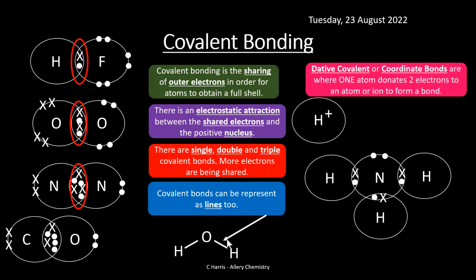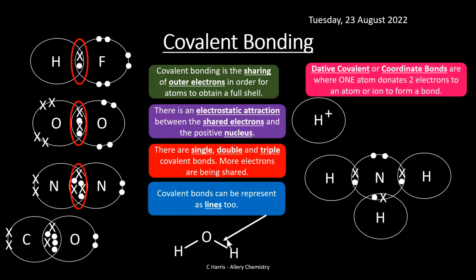So, you've got another type of bond as well, and they've got two names for this. They're either called dative covalent or coordinate bonds, and this is an unusual bond. It's not as strong as a traditional covalent bond, generally. But this is where you have one atom that donates both electrons to another atom or ion to form a bond.